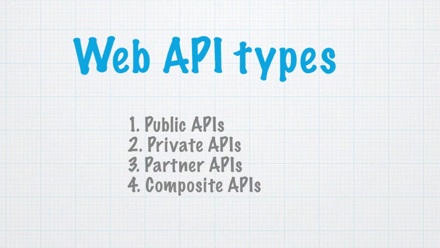Public APIs, as the name says, these are the APIs which are publicly made available, meaning there are no restrictions to access them. And so they are available for everybody's use, right?